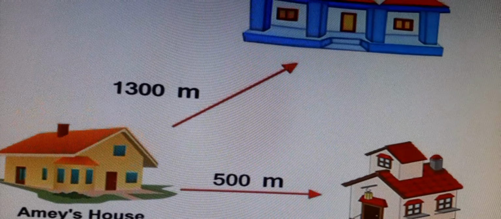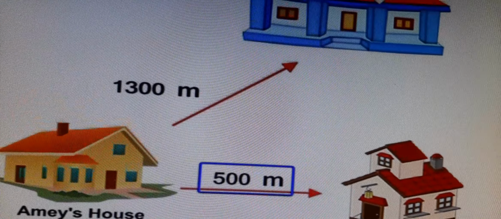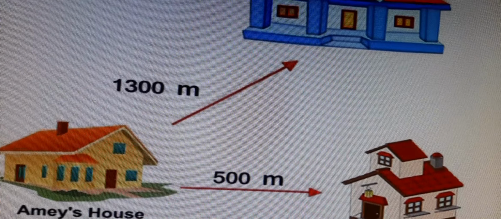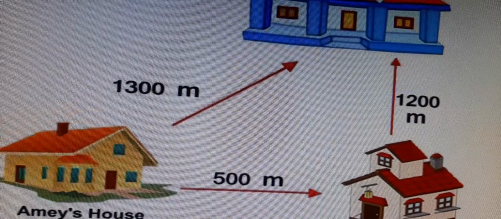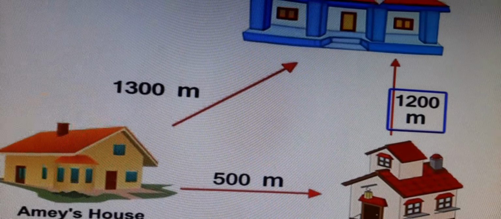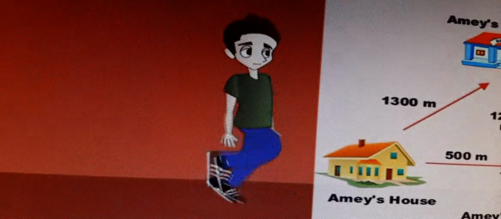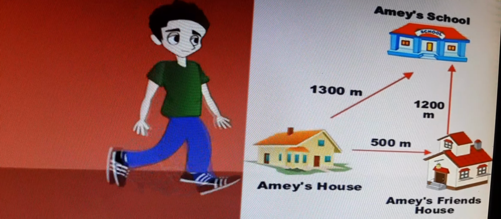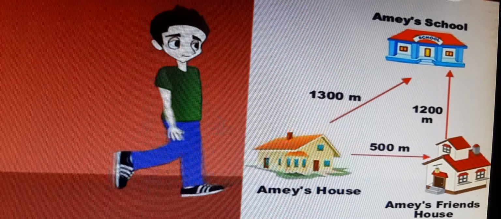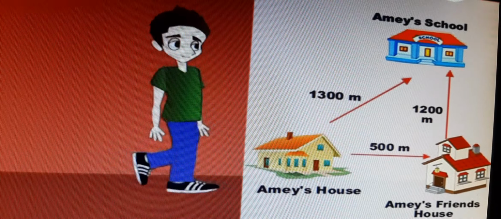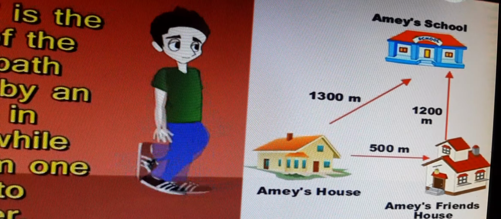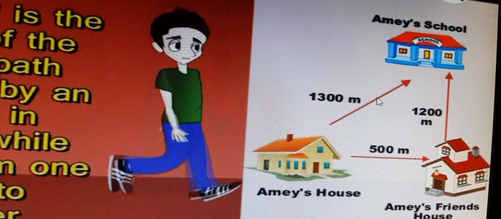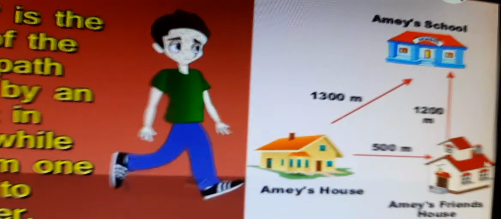But one day he decided to go to his friend's house, 500 meters away, and again he has to travel to school, 1200 meters. So the total distance he travels is 500 meters plus 1200 meters, which is 1700 meters. But the actual distance, from the starting point, his house, to the ending point, his school, is 1300 meters. This is called displacement and this is called distance.